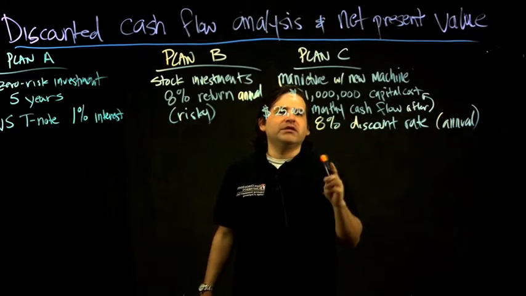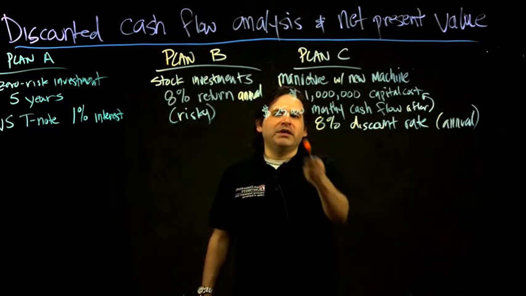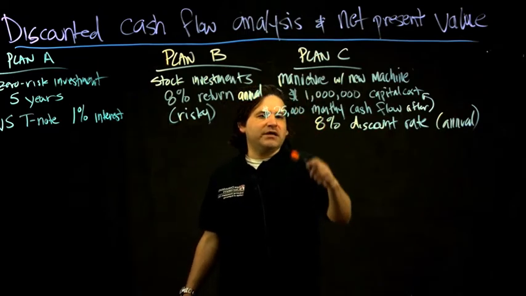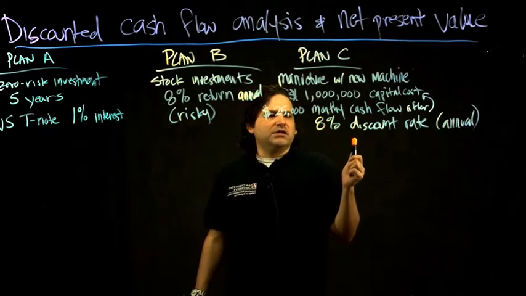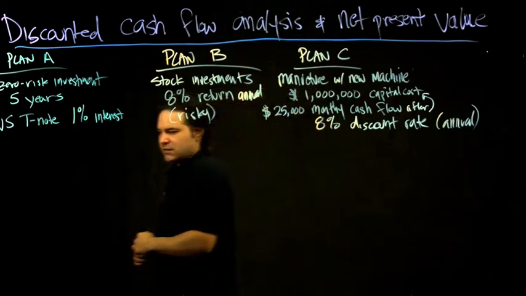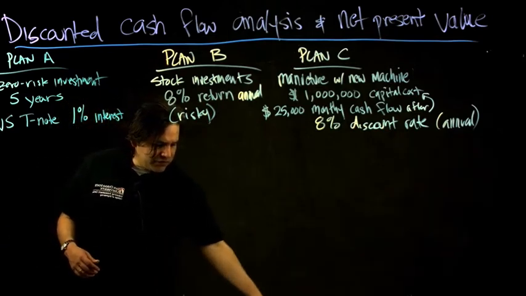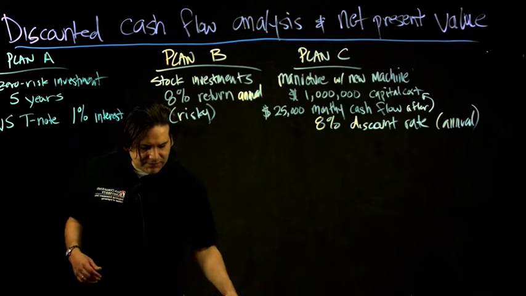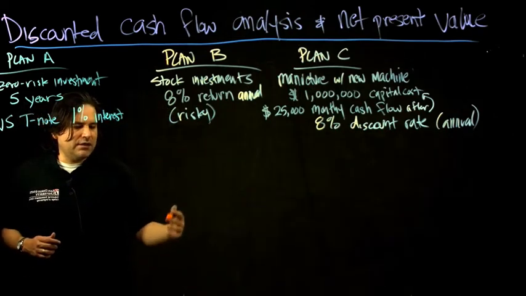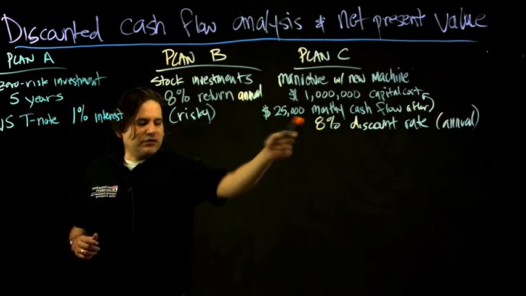There are two things we can do. We can convert this monthly cash flow to yearly cash flow, which would be 25,000 times 12, and then apply this 8%. Or we can convert this 8% into a monthly rate, and you'll get a different number, because if you compound more quickly, you'll get a much different number unless you correct for monthly versus annual.